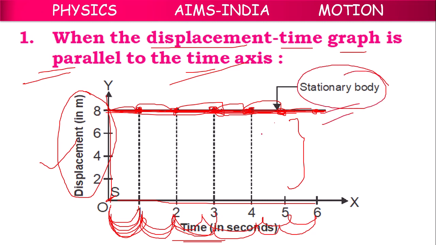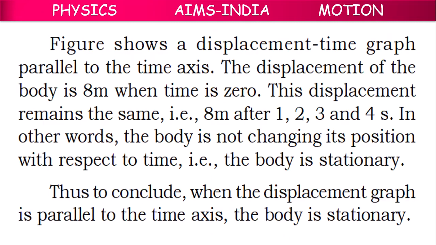So when the displacement time graph is parallel to time axis, then we can say that the body is stationary without any movement. This is one kind of graph.